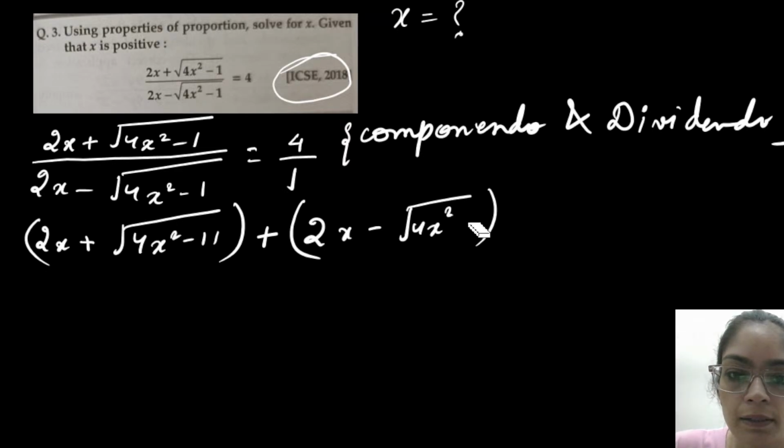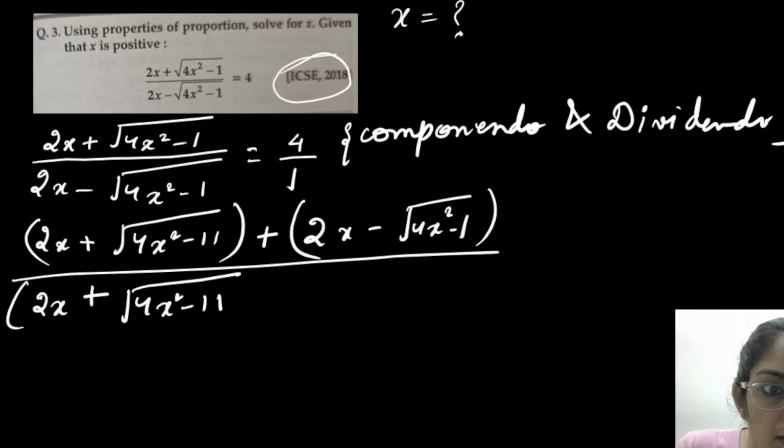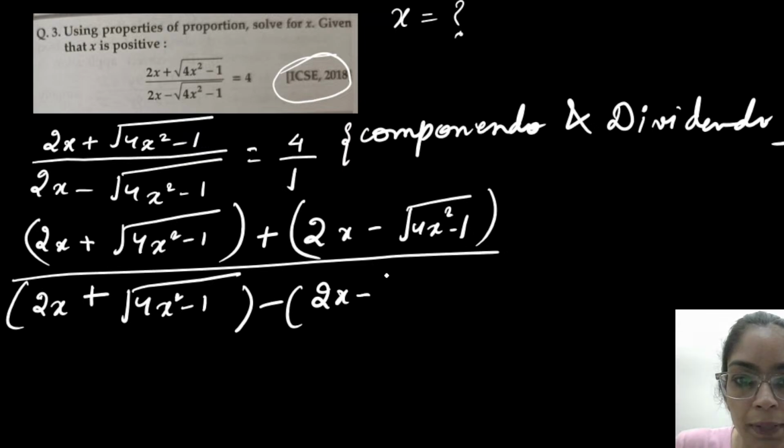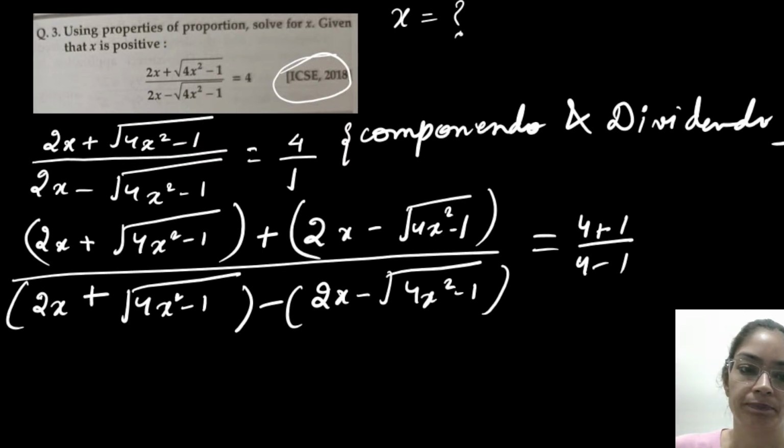Then in the denominator, subtraction of denominator I have to write, which is 2x plus root 4x square minus 1, minus 2x minus root 4x square minus 1, which is equal to, on the other side also the same process we have to follow. So this is 4 plus 1 by 4 minus 1.